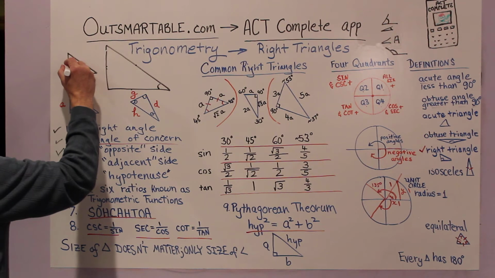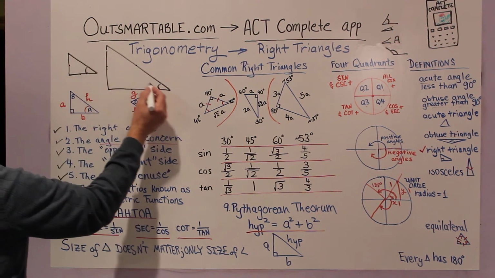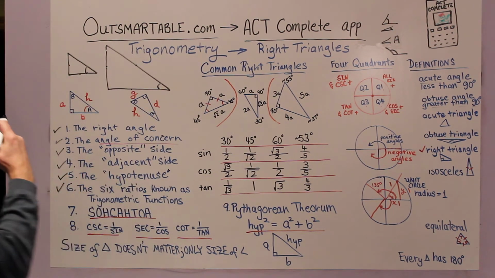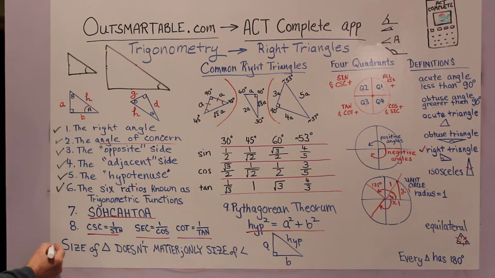It's the same in this triangle as long as these angles are the same. So no matter how big the triangle is, as long as the angles are of the same size, you get the same value for the ratio.